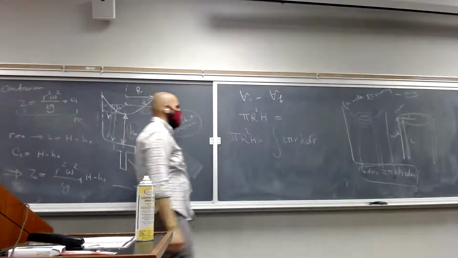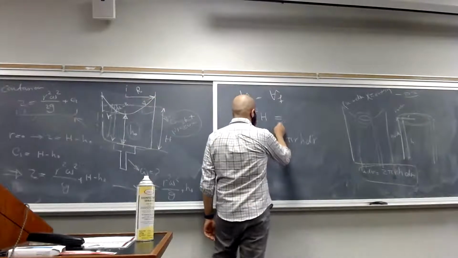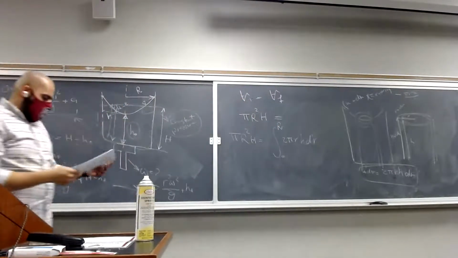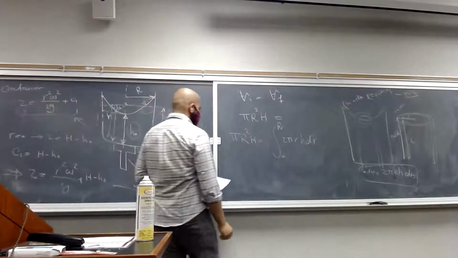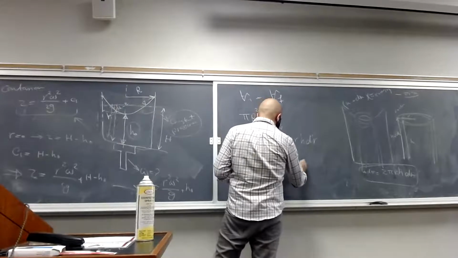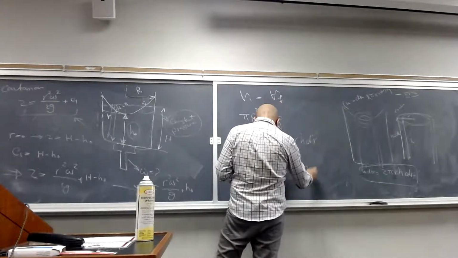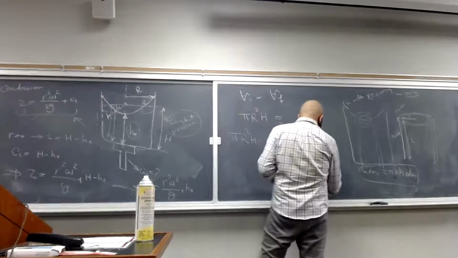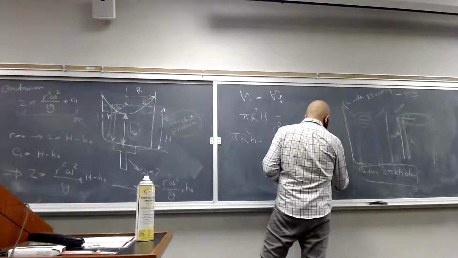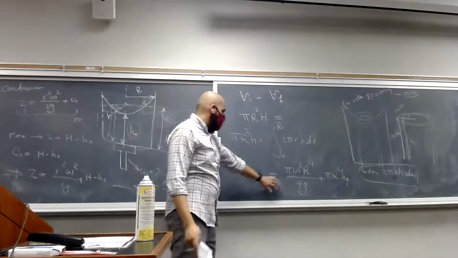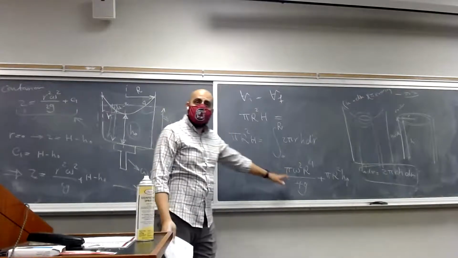So we take this integral from 0 to R. Eventually, if you take the integral, you are going to get to this equation: pi omega squared R to the 4 over 4G plus pi R squared H naught. Final volume and initial volume have to be equal.